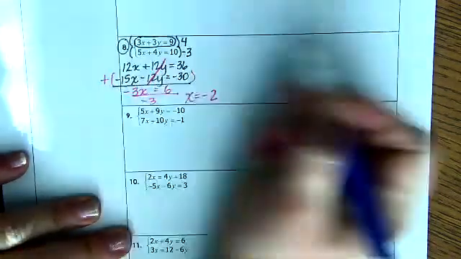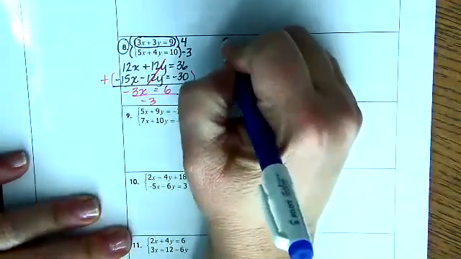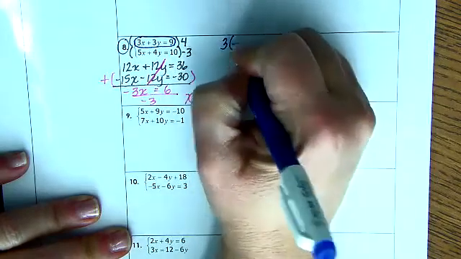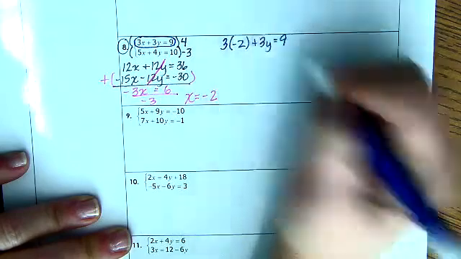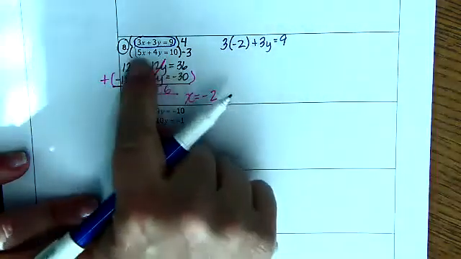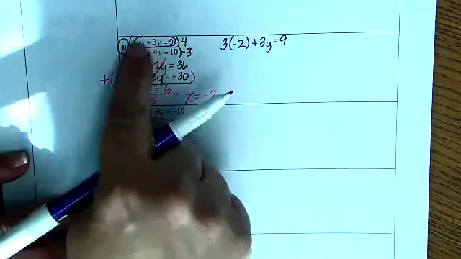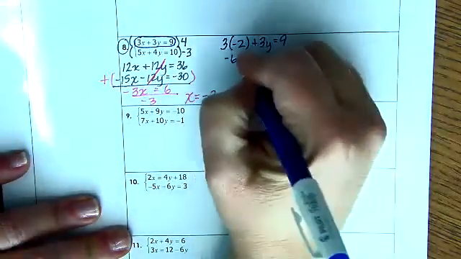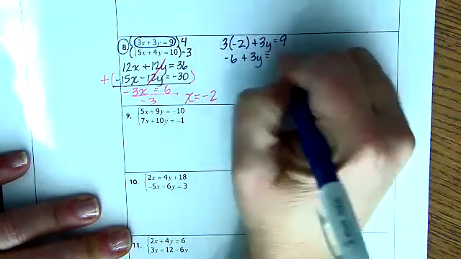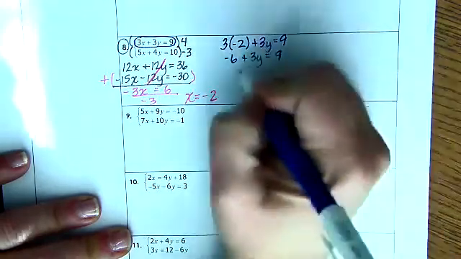So now I'm going to use this equation and plug in the x. So I'm going to have 3 times -2 plus 3y equals 9. It really doesn't matter. I could have easily picked this equation and then I check with this one. So I have -6 plus 3y equals 9.